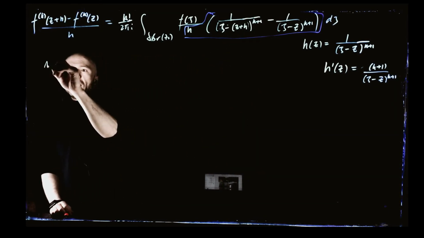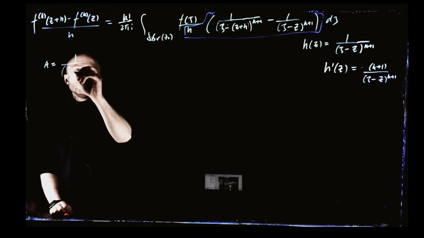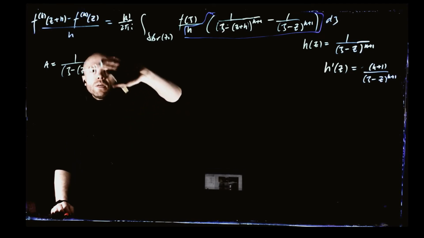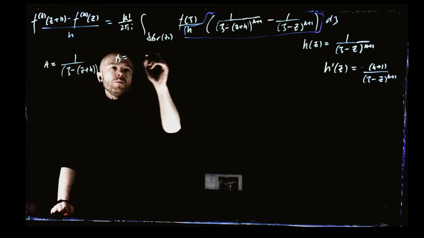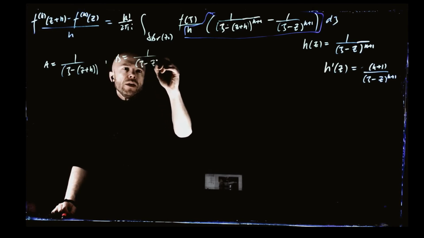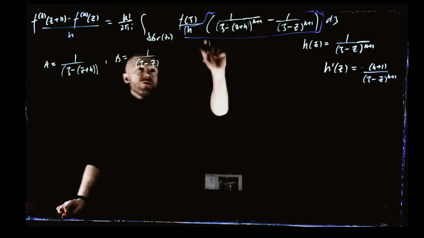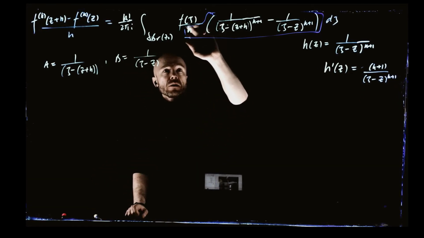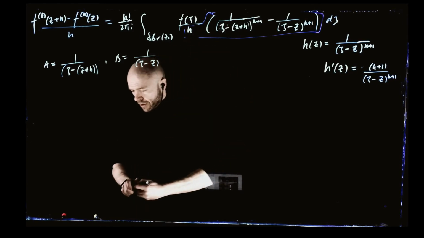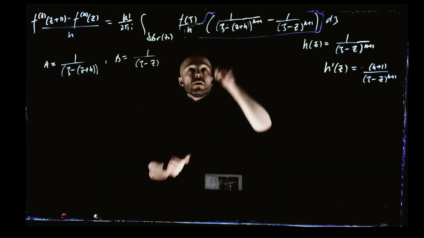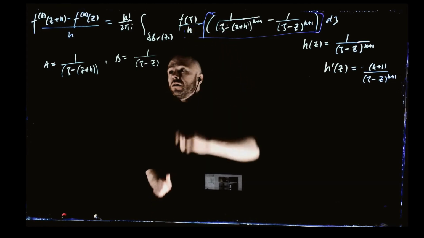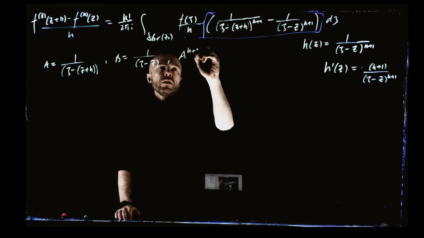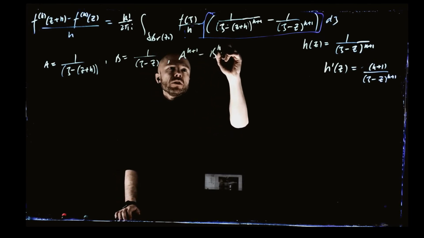They say, okay, we let a be 1 over zeta minus z plus h, and let b be 1 over zeta minus z, and then the stuff excluding the h, the stuff in the new blue box, is just a to the k plus 1 minus b to the k plus 1.